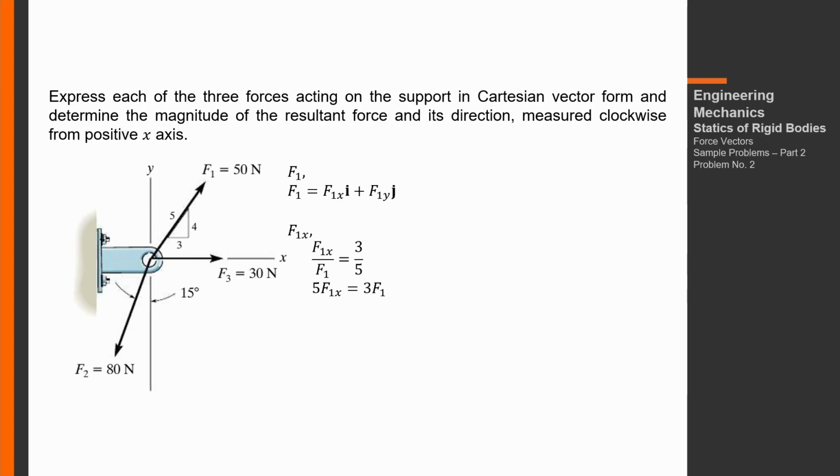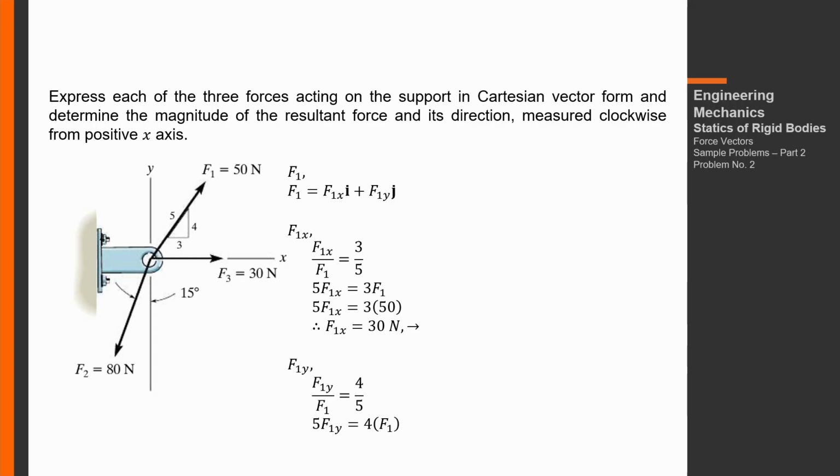So multiply both sides sa 5 times F1. F1 is 50, so 3 times 50 divided by 5, so 150/5 ay 30. So 30 newtons to the right yung x component. Then F1y, ganun din. Dahil y component, yung parallel sa kanya dun sa triangle is 4, so 4/5 naman yung ratio.